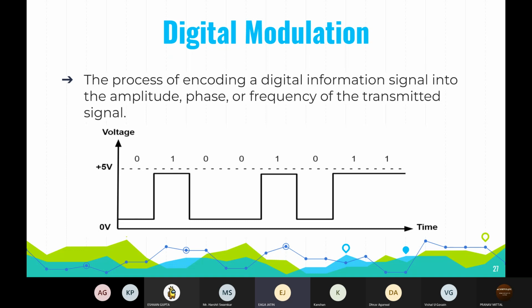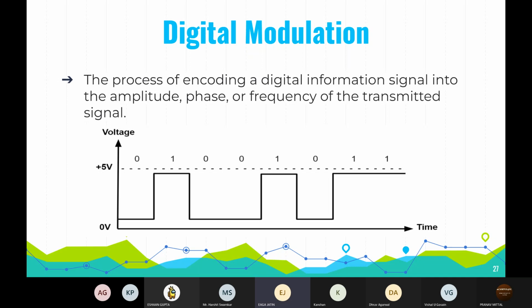Now let's talk about what this modulation technique is known as in digital modulation: keying or switching. What we see is amplitude shift keying, or switching.